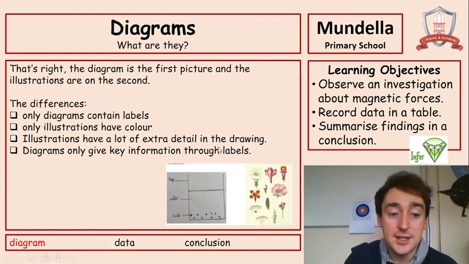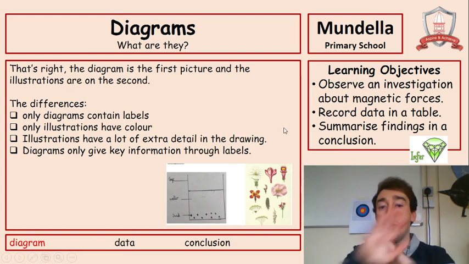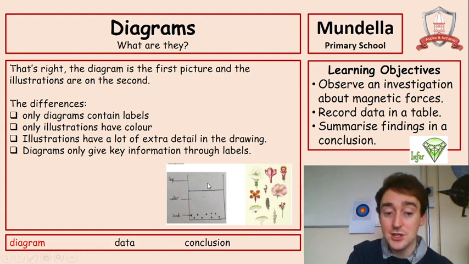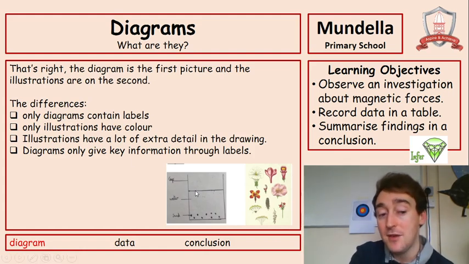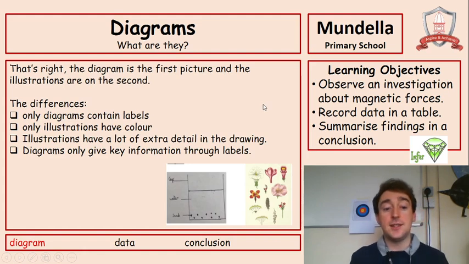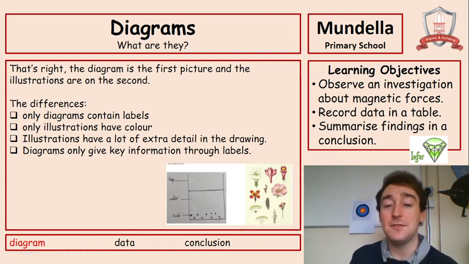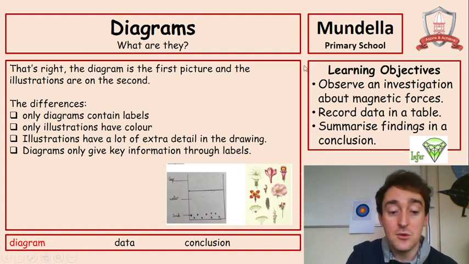Only illustrations have colour. Yep, so when we do our diagram, no colour, okay? No shading, no colour, nothing. Simple drawing, simple sketch with some labels to say what everything is. So illustrations have a lot of extra detail in the drawing and diagrams only have key information through these labels that we can see here.